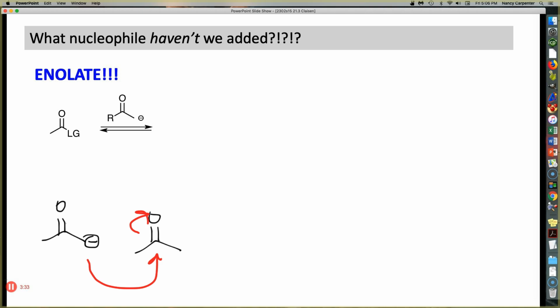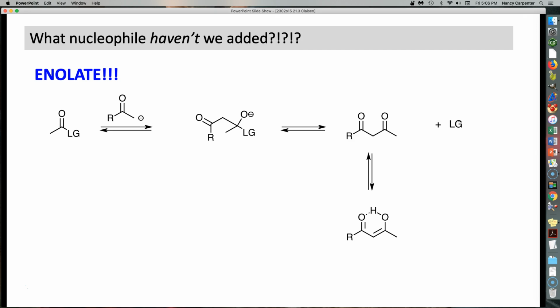What's different now? When I add my enolate to a carboxylic acid derivative, we know we get the same tetrahedral intermediate, we get the up, down, and out, and we get that leaving group, as usual, to be kicked out, which gives us a 1,3-diketone.